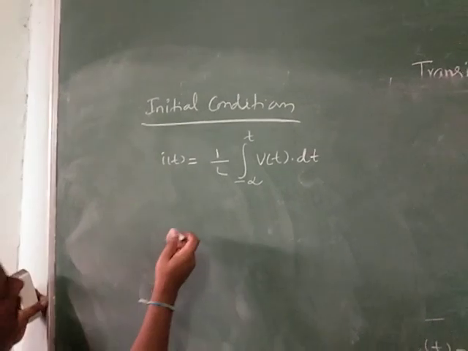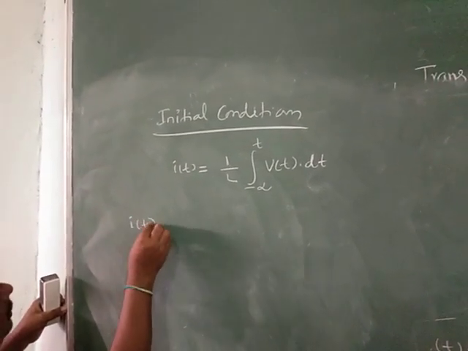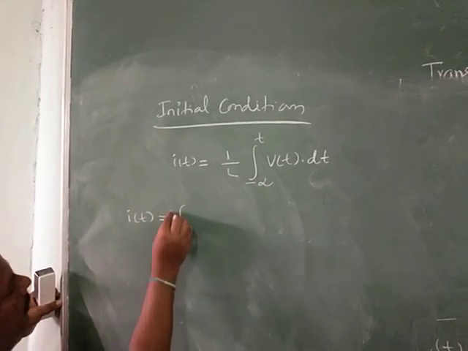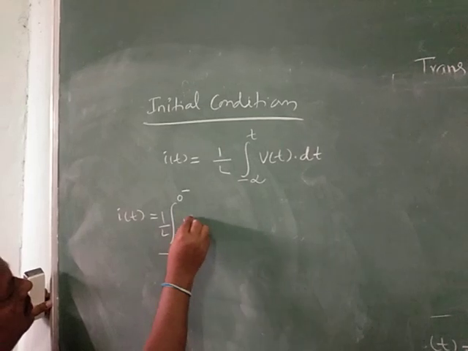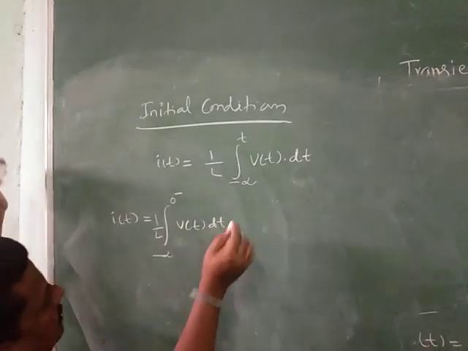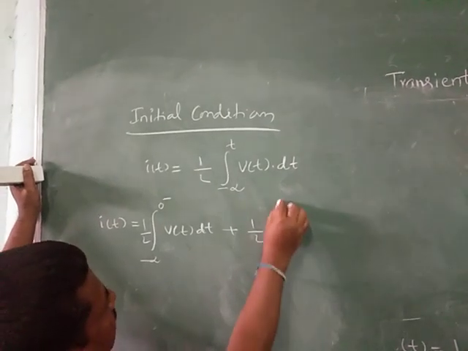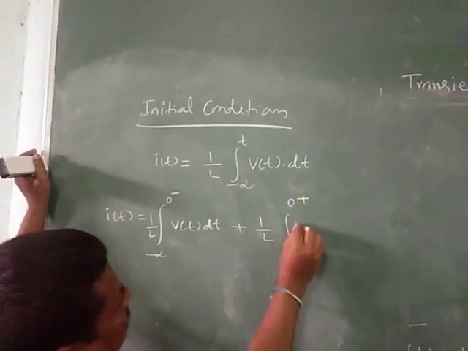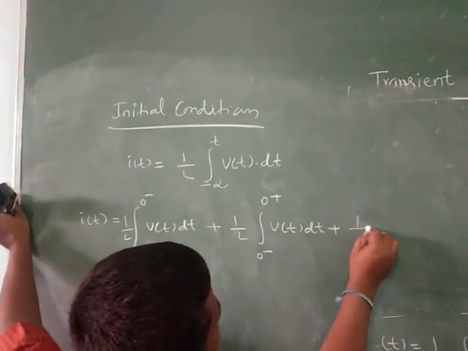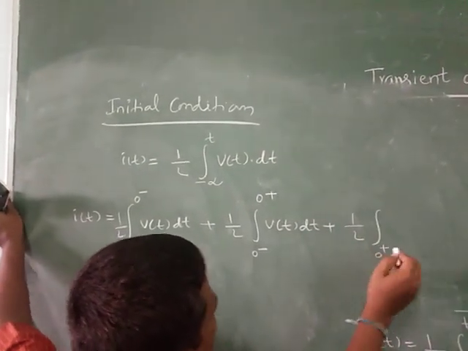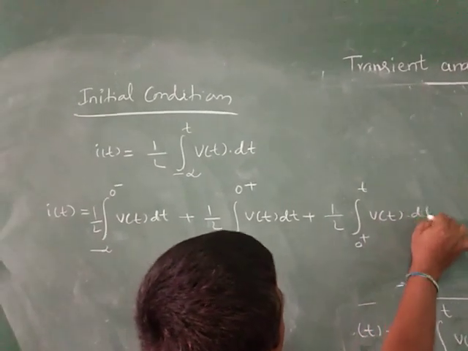This can be broken into three parts. I of t is equal to 1 by L integral from minus infinity to 0 minus of V of t dt, plus 1 by L integral from 0 minus to 0 plus of V of t dt, plus 1 by L integral from 0 plus to t of V of t into dt.